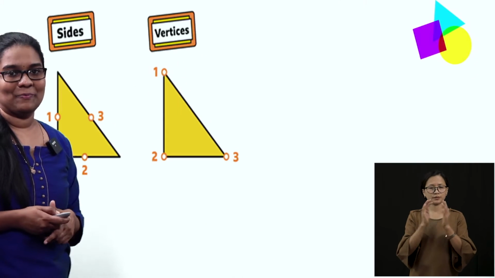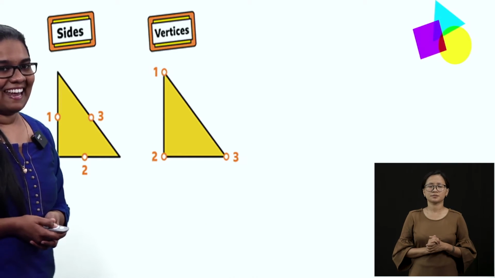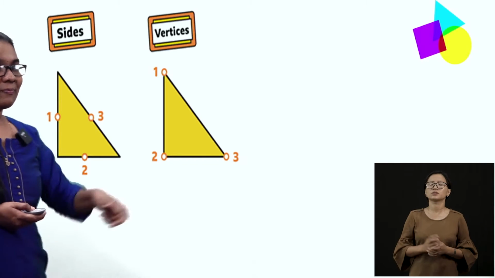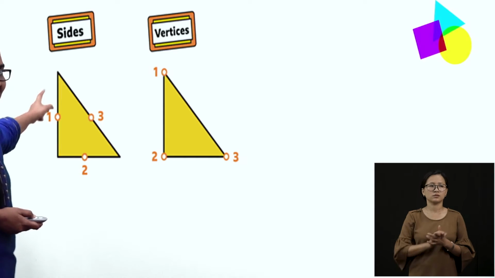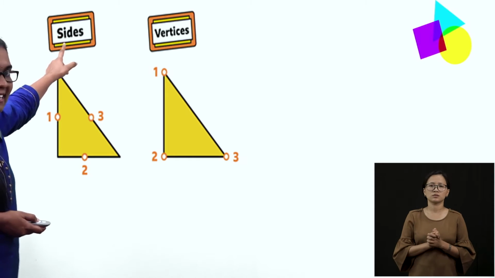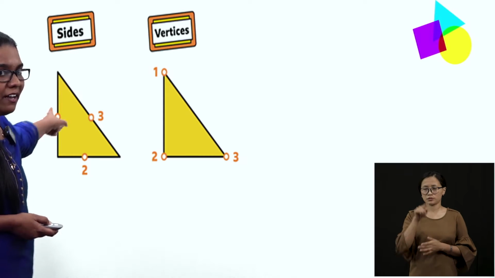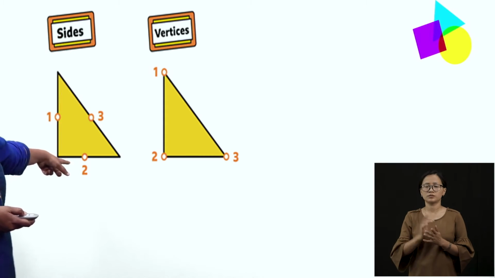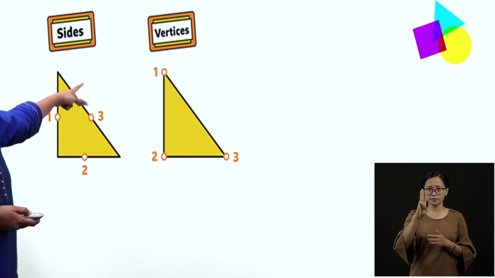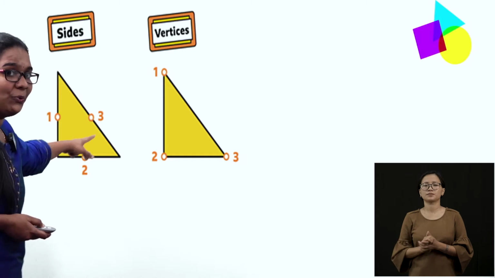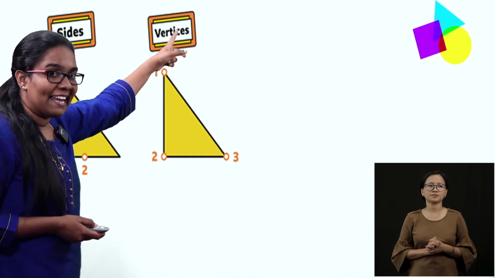Then, this is a triangle. This picture indicates the sides of the triangle. 1, 2, 3. How many sides? 3 sides. And here it indicates vertices.